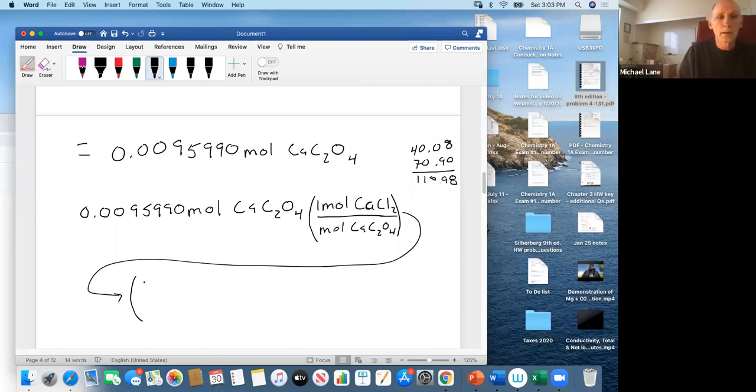So there are 110.98 grams of calcium chloride per mole.